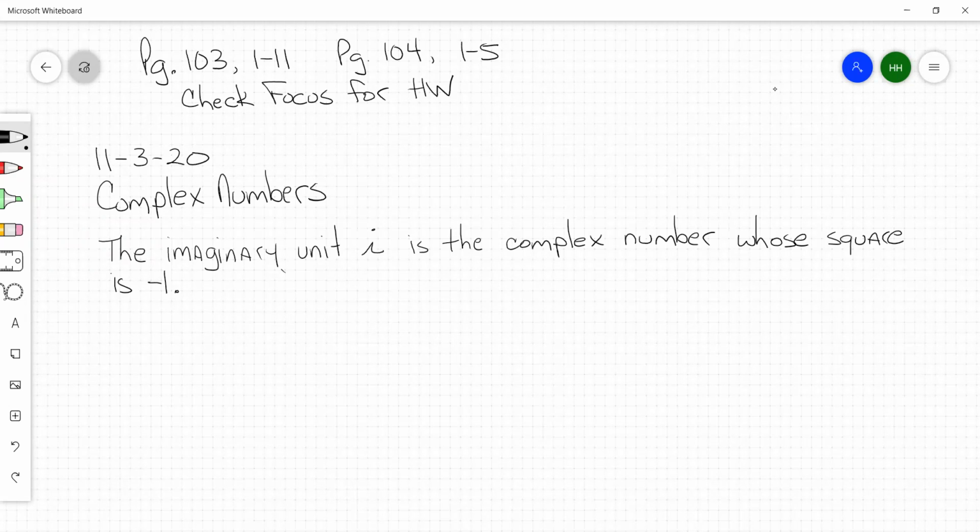So i squared is equal to -1. And i is equal to the square root of -1.